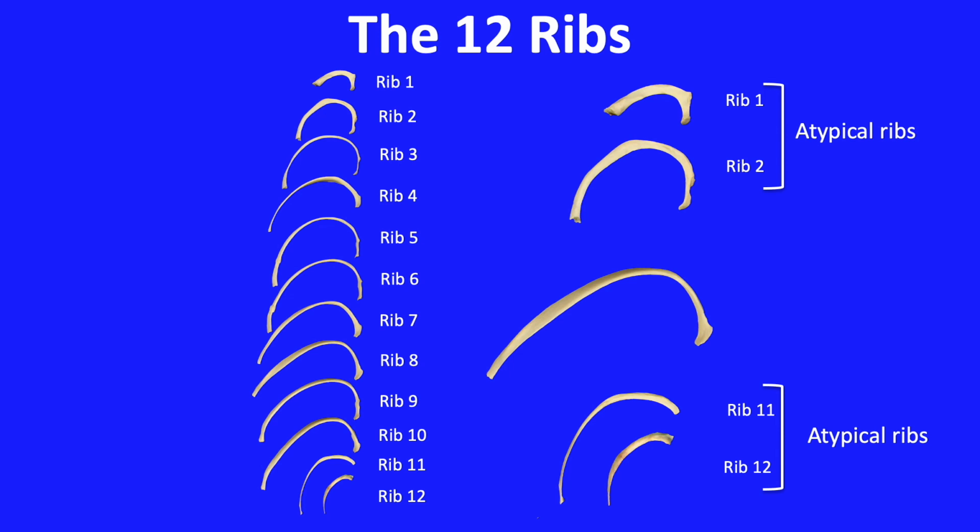This is because ribs 1 and 2 are more curved than the typical ribs, and ribs 11 and 12 do not attach anteriorly. In contrast, ribs 3 to 10 are described as representing the typical ribs because they show the most uniformity as a group.